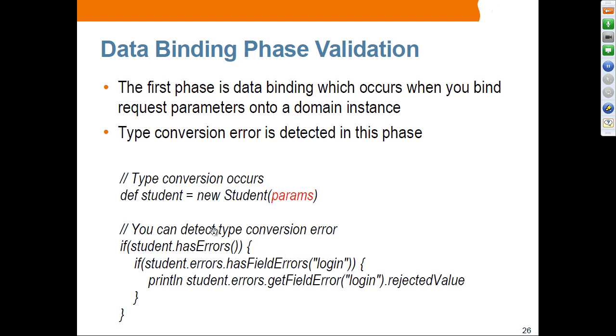So when you create a brand new student object from the params, if there is a type conversion error, that gets detected here, and you can check whether the student has any errors, and then you can do whatever you want.